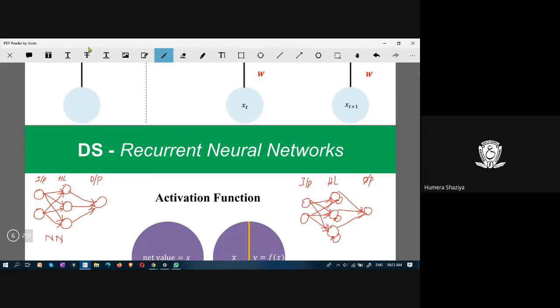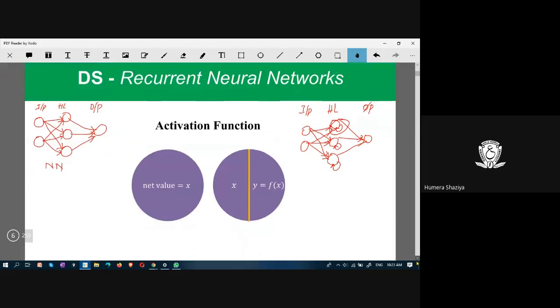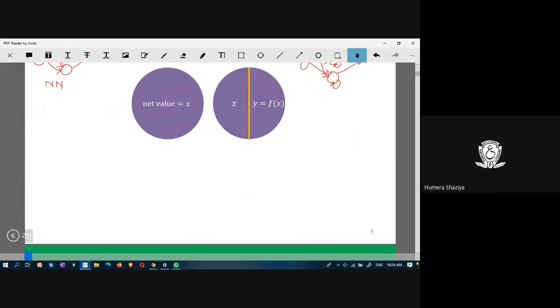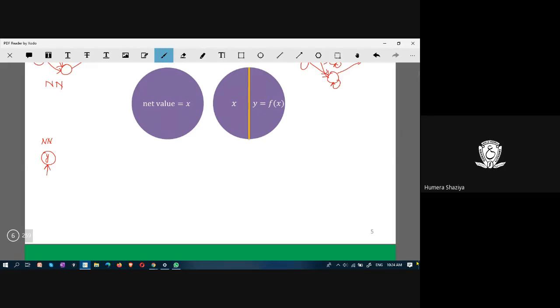If you observe here, you have this connection which is coming from itself. This can also be depicted in this manner. You have a normal neural network where you have this output which is connected by the hidden layer and connected by input.